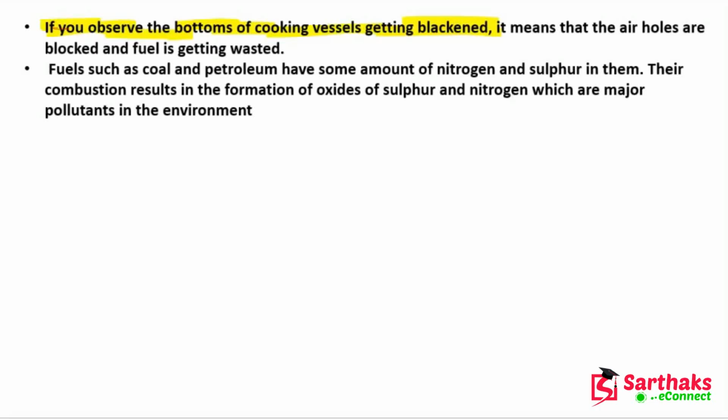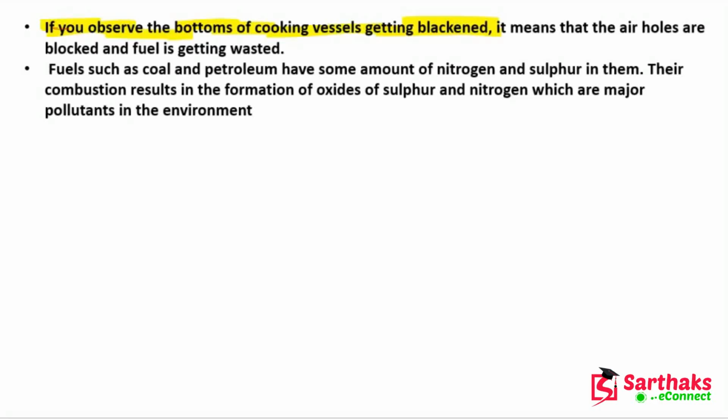On the previous slide, we had discussed when the bottom of the cooking vessel will get black: when there is incomplete combustion of fuel. Then it will produce a sooty flame, and the bottom of the cooking vessel will get black because it will produce black smoke.